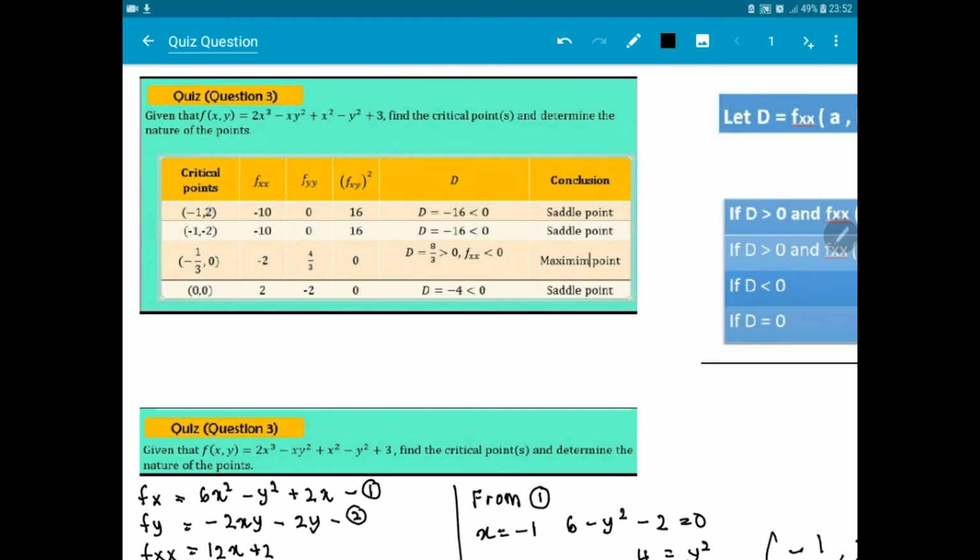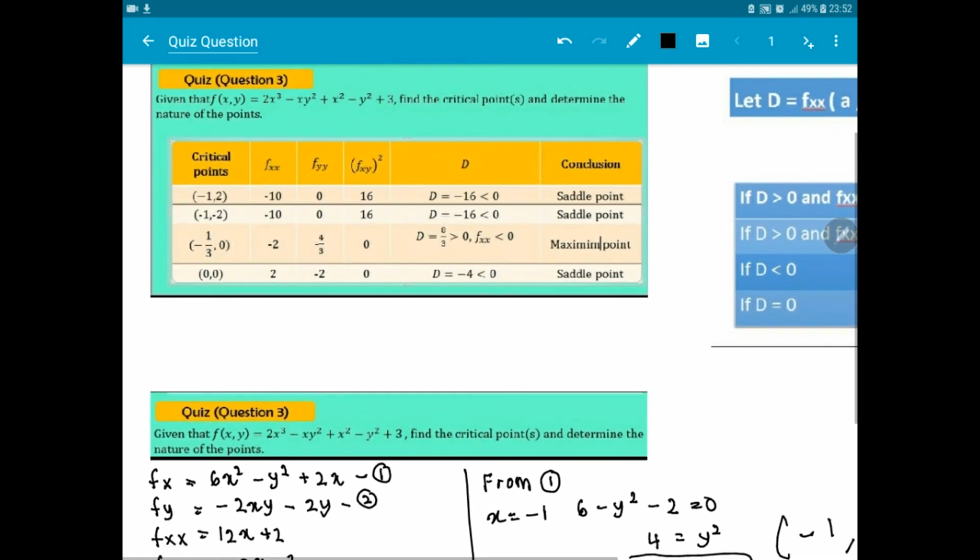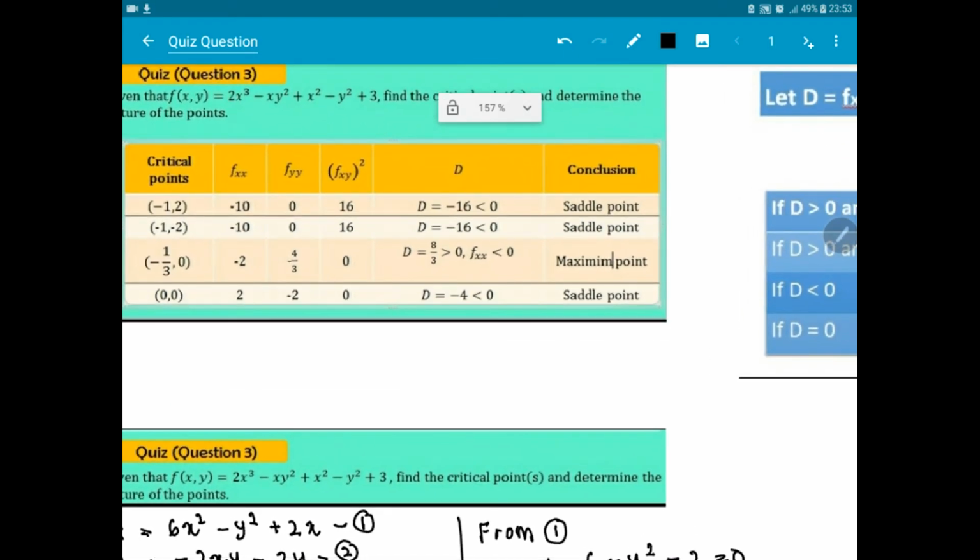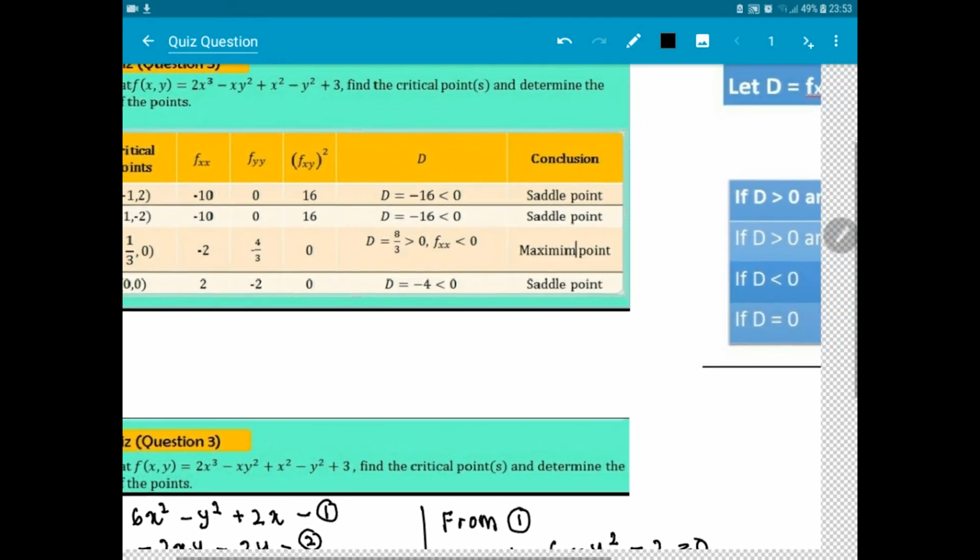We substitute the values of x and y into fxx that we have found, so I get all these values. When we substitute into fy for the first one, I get 0, and the same for the others.